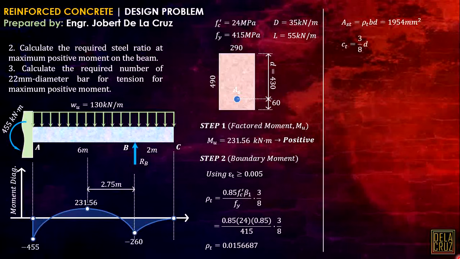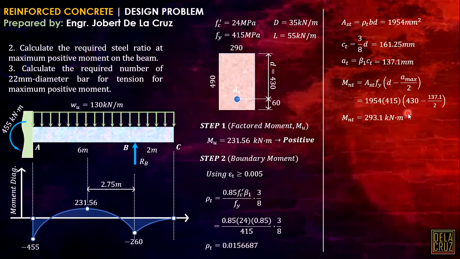Next, let us get the ct or c for the transition limit, and that is 3.8d. Then I get our a, and that is that value. You can just follow the same process as earlier. Then, Mnt or the nominal moment for the transition limit. Just substitute, and we have our Mnt.